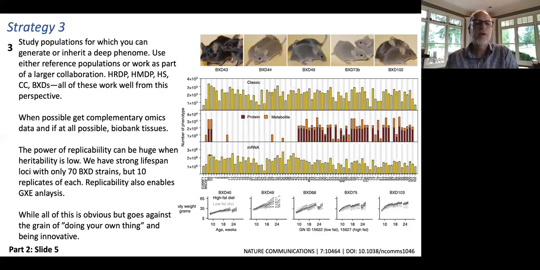So in this case, Shuhita Roy and I have been working on longevity in the BXDs. We have longevity data for 70 strains with 10 replicates. And I can tell you that those data for merely 70 strains outperform the Het3 four-way F2 intercross, for which we have 6,000 cases, by a wide margin in terms of precision of loci.